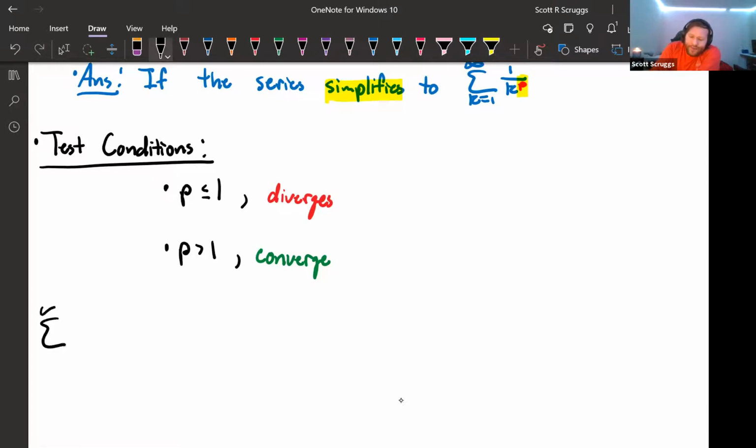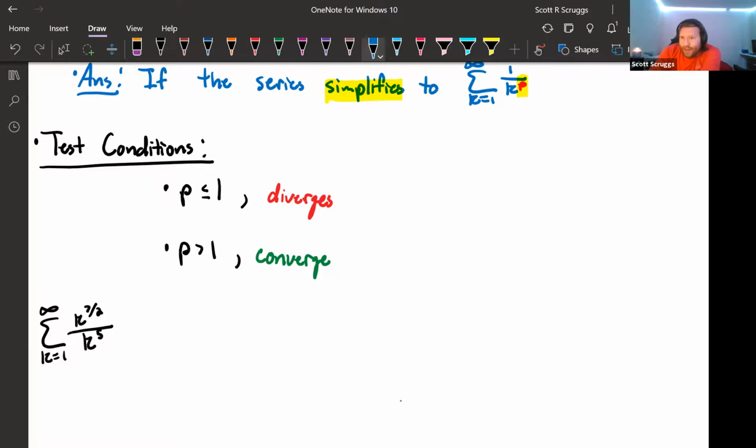So one quick example is k to the 7/2 power over k to the 5th. Now, that form, well, I don't know what to do with that, to be quite honest.